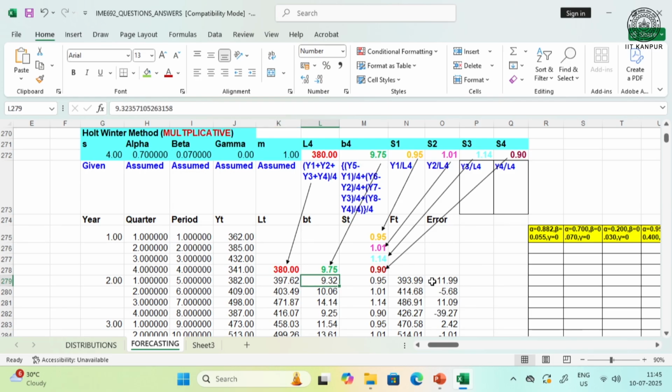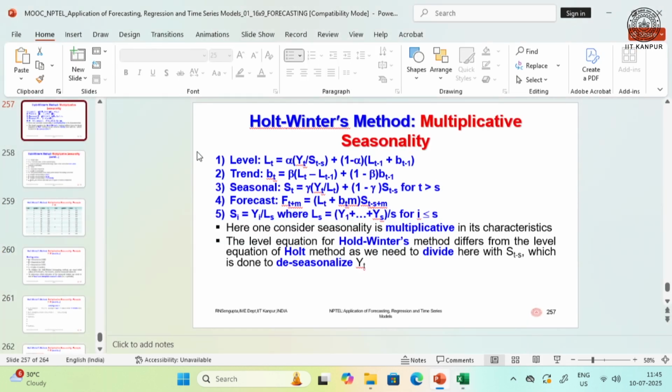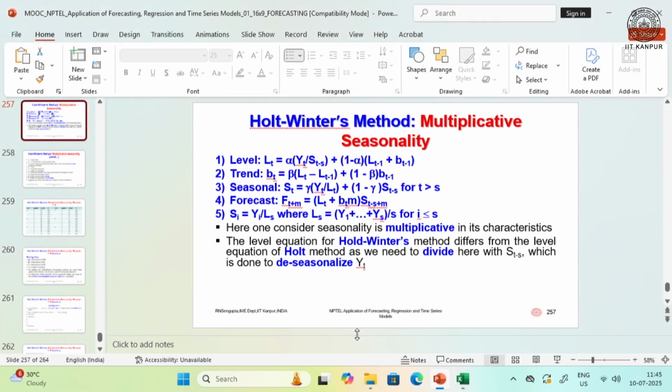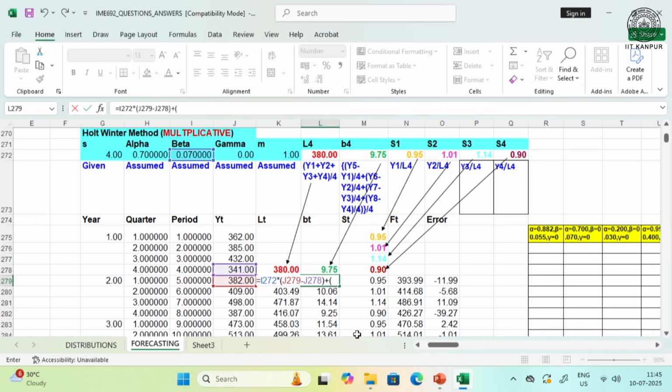Now, when I want to find out the trend BT, I found out the value of LT, I need to find out BT. BT is equal to beta multiplied by, in the bracket, LT minus LT minus 1, which is the difference between J279 minus J278, plus 1 minus beta into the value of BT minus 1.